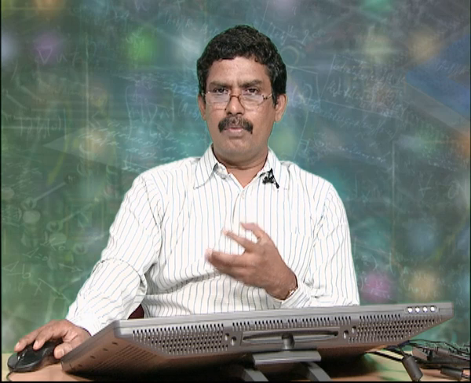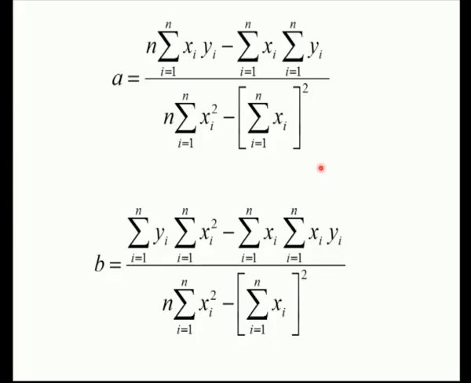Summation xi you can calculate, summation yi you can calculate, that will be multiplied, and all are known terms. So, from that a can be calculated, and again b can be calculated in a similar way. All are known terms: summation yi, summation xi squared, summation xi, summation xi yi. So, from these known terms you can calculate.